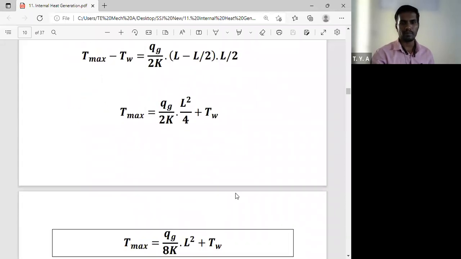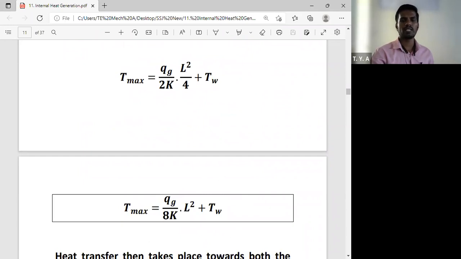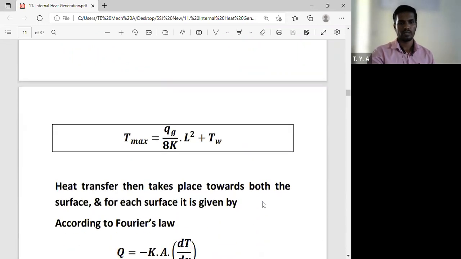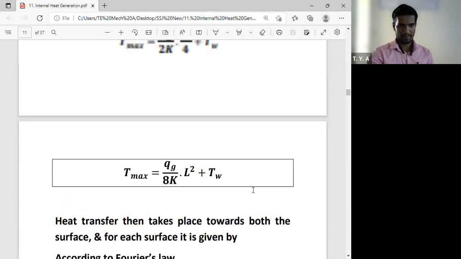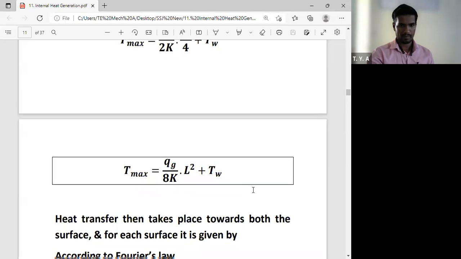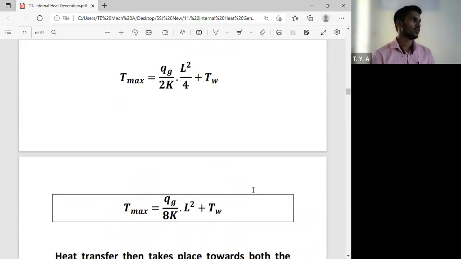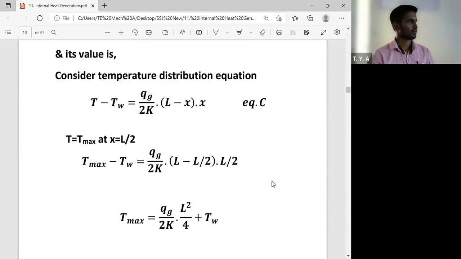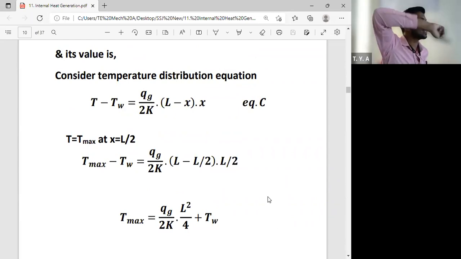The final equation is T max is equal to Qg by 8K into L square plus TW. What does this mean? There is one plane wall and we get the maximum temperature at the middle.